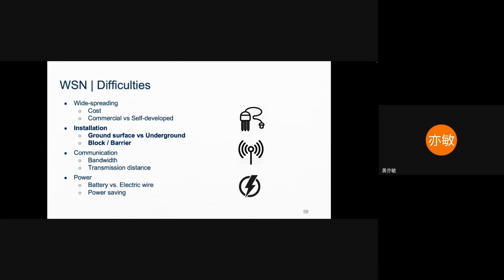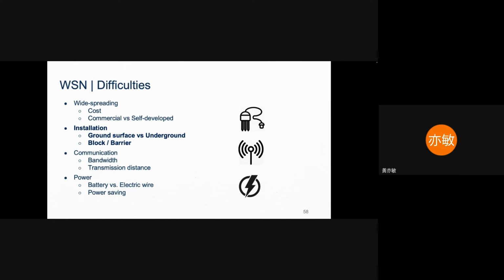With widespread sensors, the number one issue is how much it will cost. The next one is whether there is any commercial product already on the market, or we need to develop our own sensors. They all require money and time.